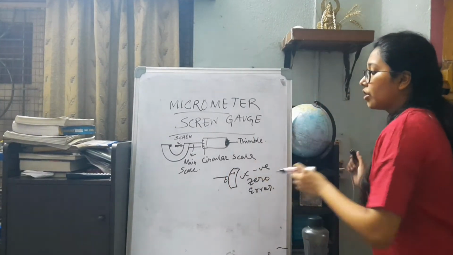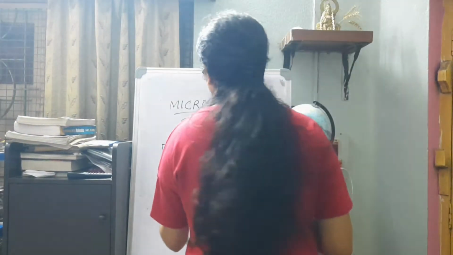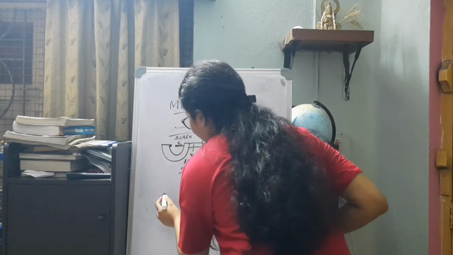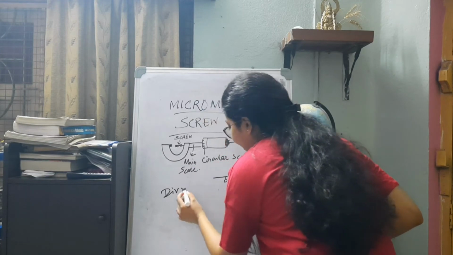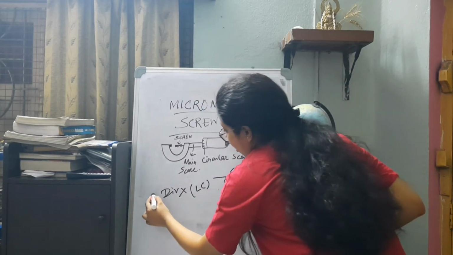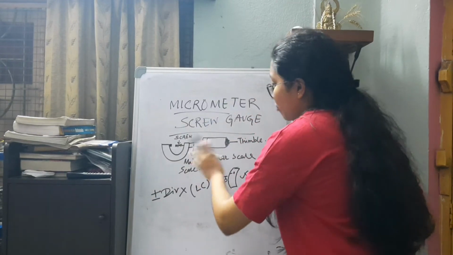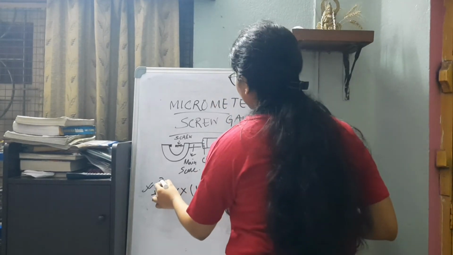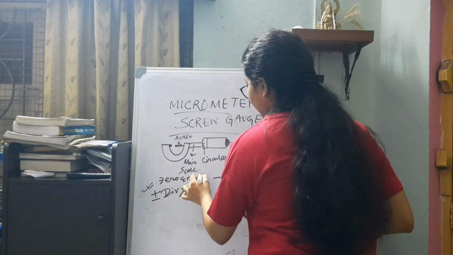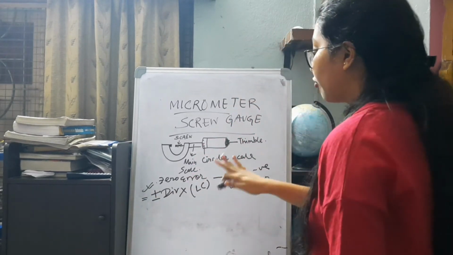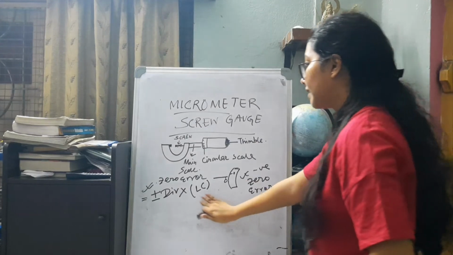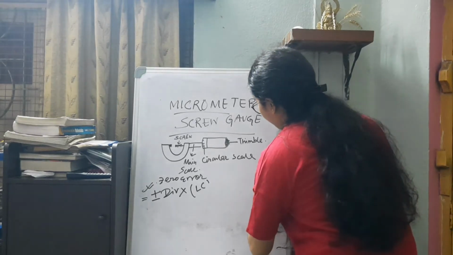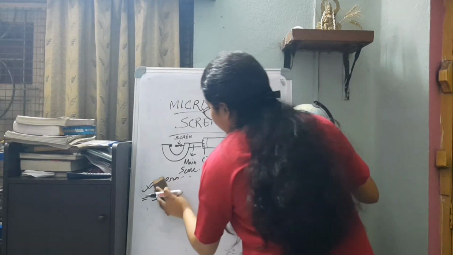In the same way, the division of the circular scale that coincides is taken into account times the least count of the screw gauge, with the appropriate sign: positive zero error, positive sign; negative zero error, negative sign. That gives us the value of the zero error. This is just the way we did for the vernier caliper.